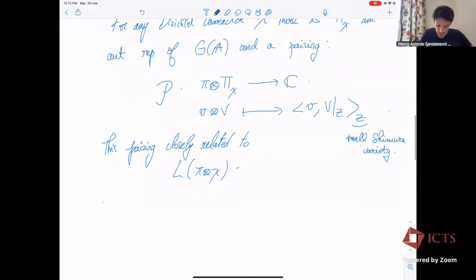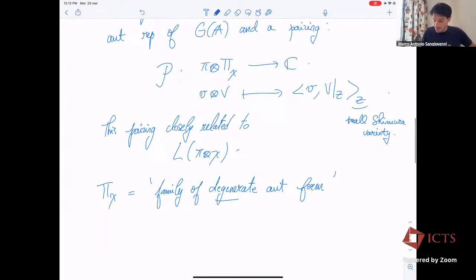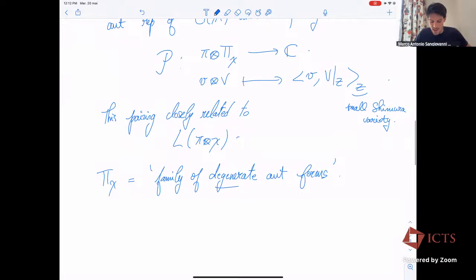The family Pi chi is the family of degenerate automorphic forms. In Chris's talk, this would be, in GL2, the family of GL2 Eisenstein series, and you can choose on one factor of the maximal torus of GL2 a character with the correct parity condition.